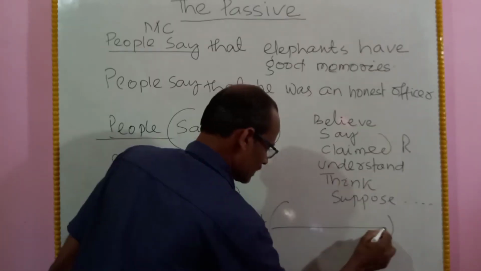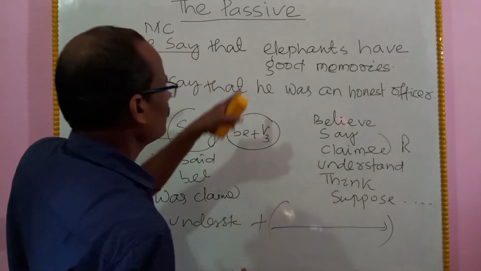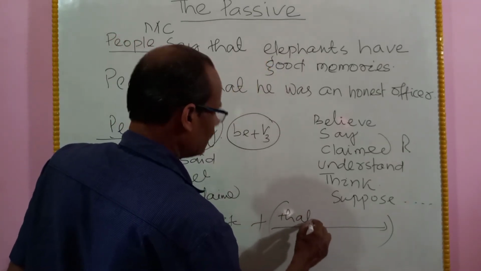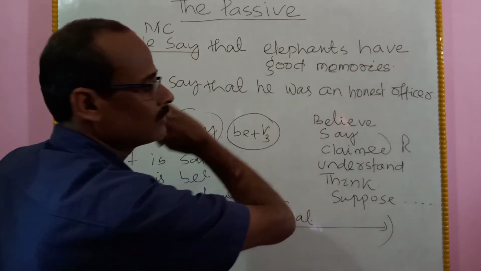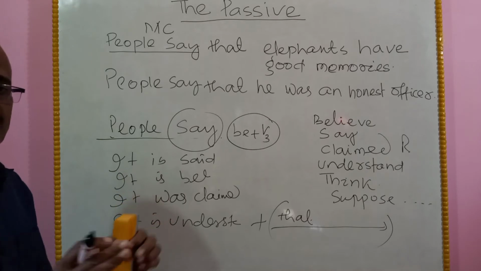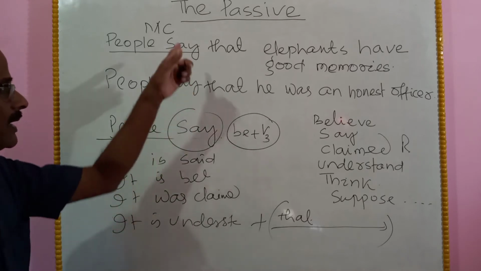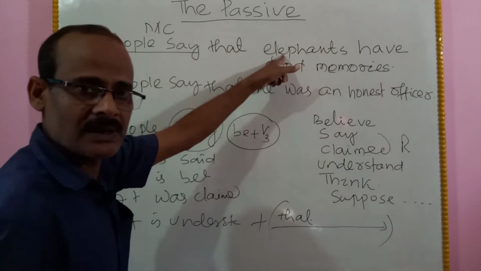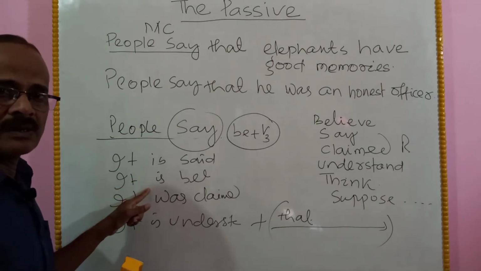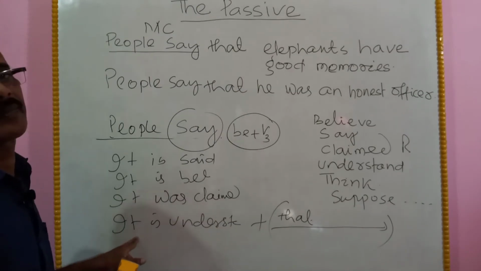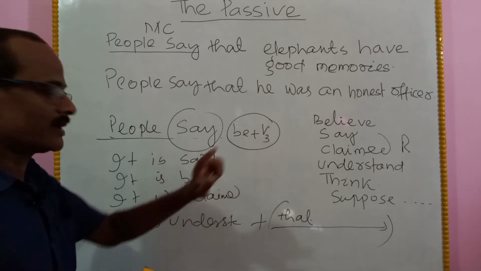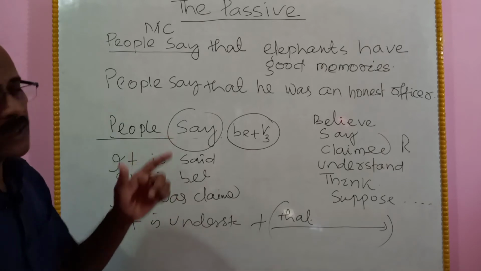You place the subordinate clause here without any change: that the elephants have good memories. This is one type of passive, very easy. If there is a main clause and a subordinate clause, we can change the main clause to passive following the rule be plus V3.